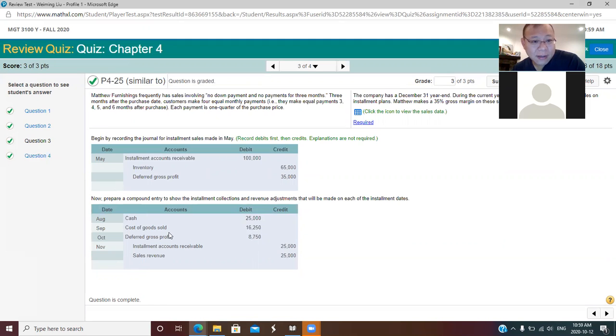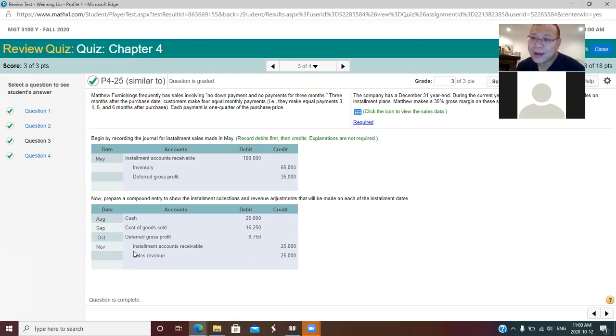And then you received cash of 25,000. This is probably their first installment made. So you receive cash, you debit cash for 25,000, and your accounts receivable should decrease by the same amount, because you are collecting AR. You convert AR into cash.